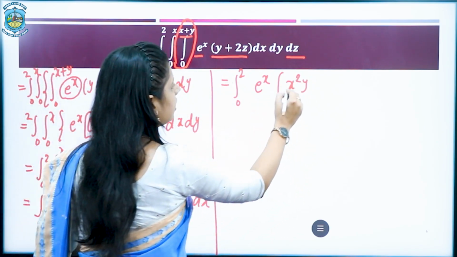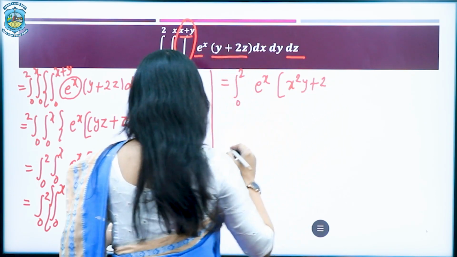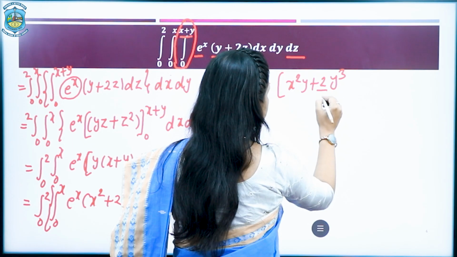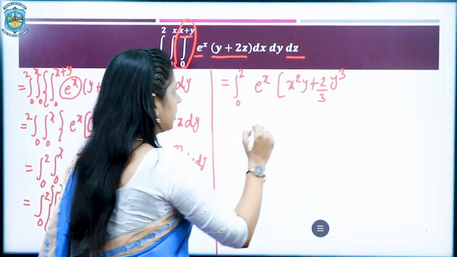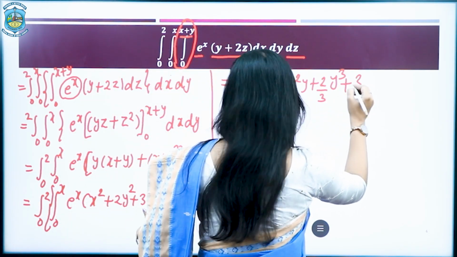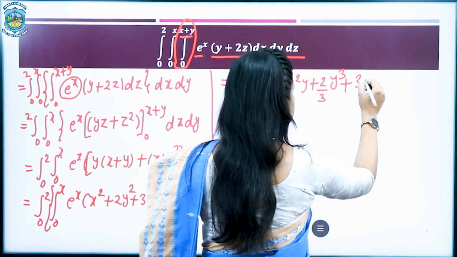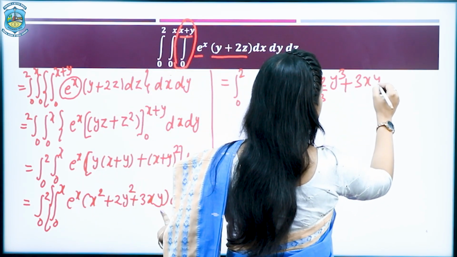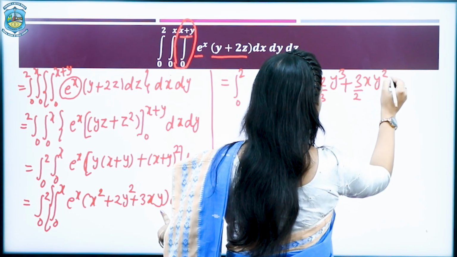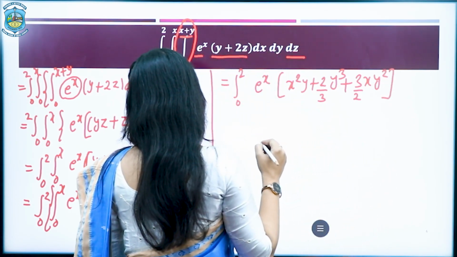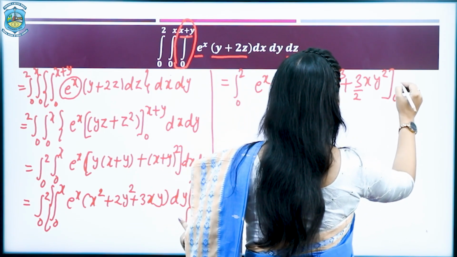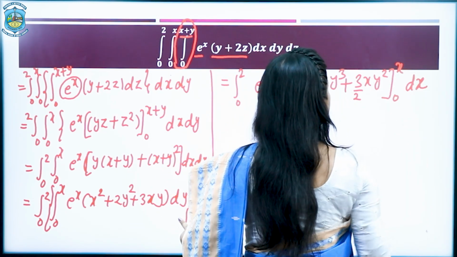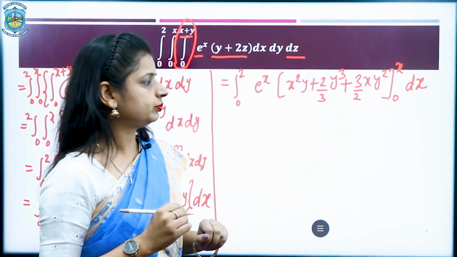This term would be this 2 as it is, and the integration of y square is y cube by 3, plus this 3 as it is, x as it is, and the integration of y is y square by 2. Limits are from 0 to x, and the next integration is with respect to x.